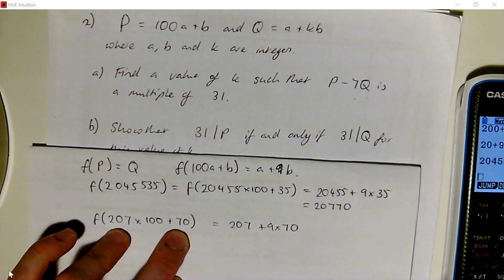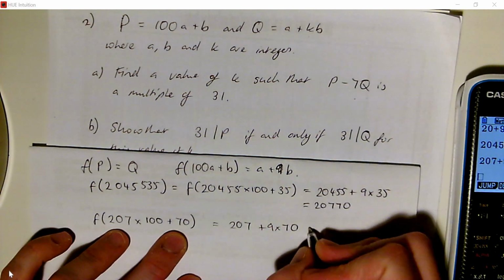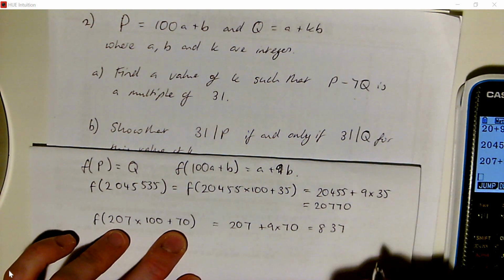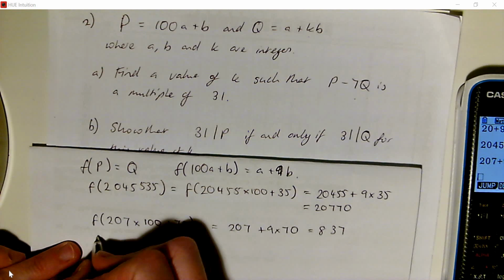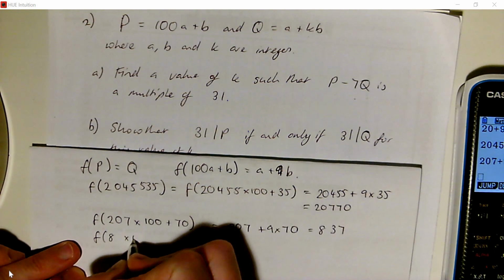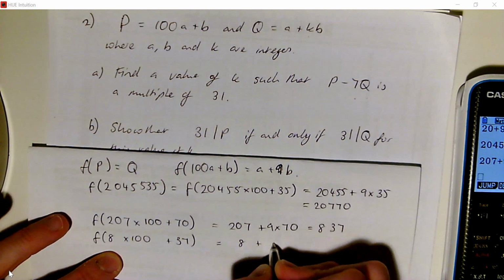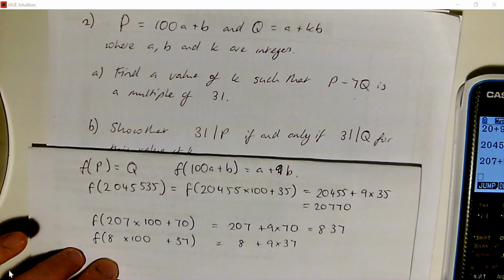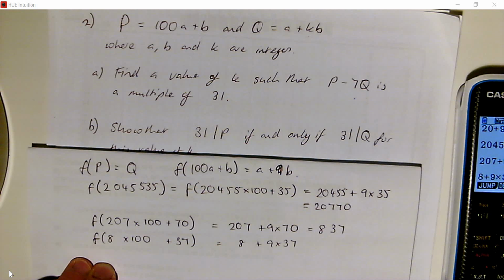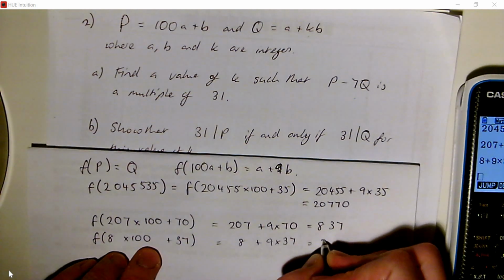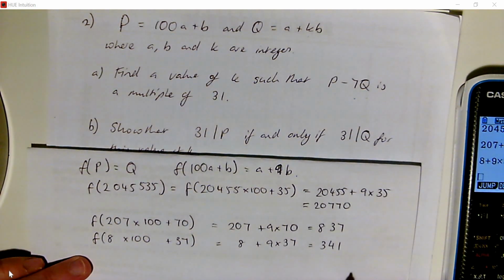So again, just doing that, that gives 837, somewhat smaller. So let's try again. So f of 8 times 100 plus 37 is going to be 8 plus 9 times 37, which is 341. Let's try again because that's still quite big.